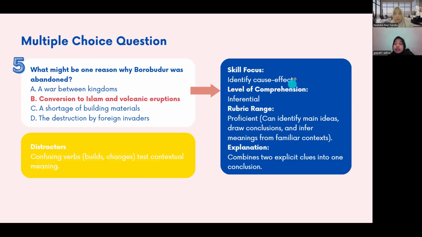And based on the rubric that we have shown before, it assesses the students at the high proficiency level, whether the students can identify not only the main idea, but also infer meaning from the information that they got from the text.